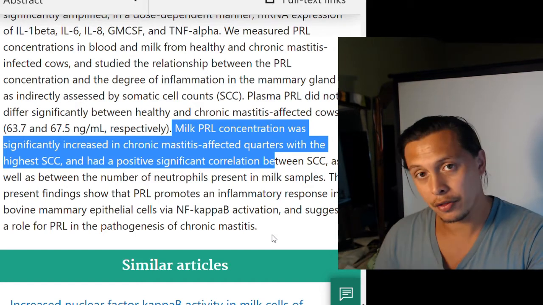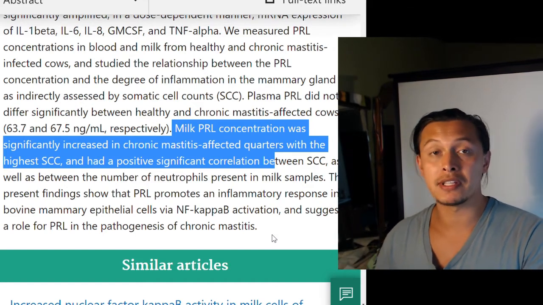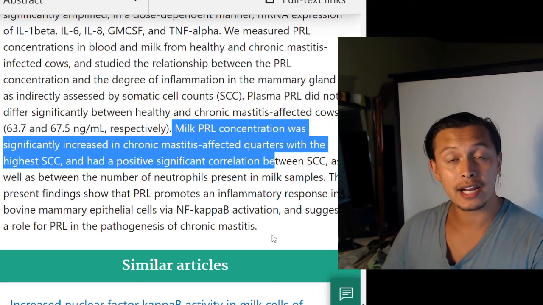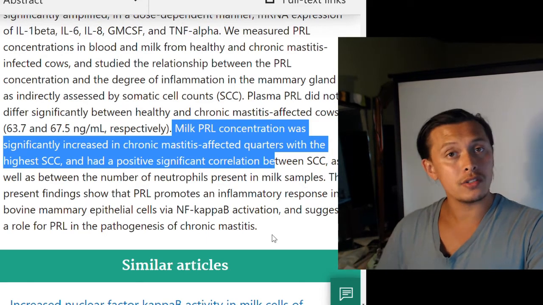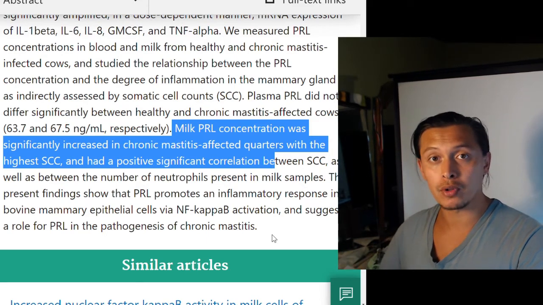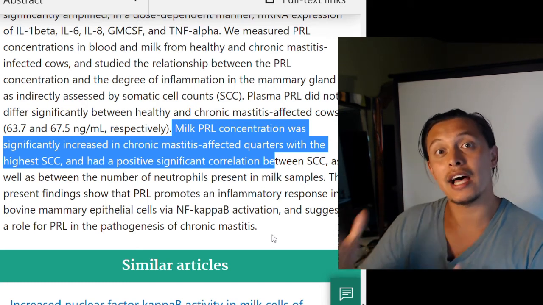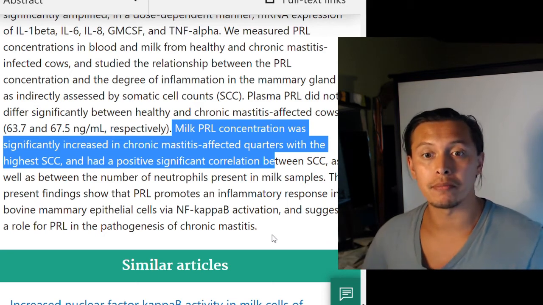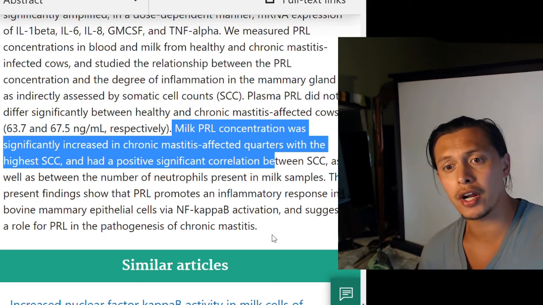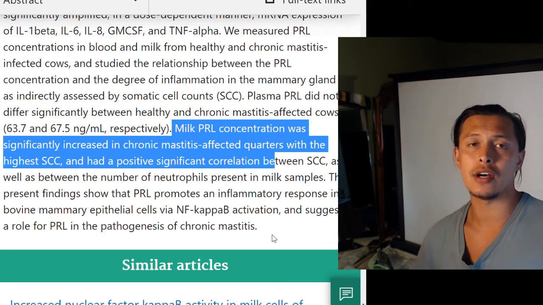But the other thing that you need to consider is it might be something that is upstream or downstream of prolactin in that cycle that could also be causing the elevated prolactin levels, which also results in more inflammation. So, it's very hard to tease apart all these variables.